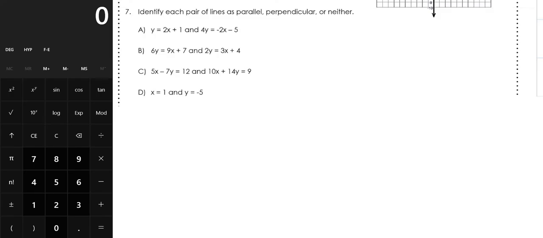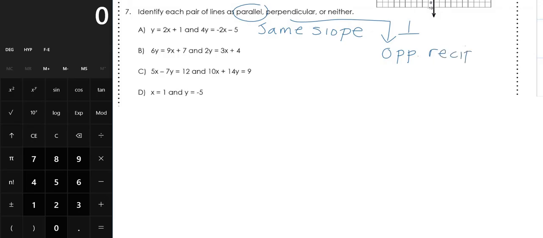Now, how do you determine if things are parallel, perpendicular, or neither? We've been doing it this whole time. Parallel means things are going to have the same slope. So you care about slope. Perpendicular means they're going to have opposite reciprocal slopes.